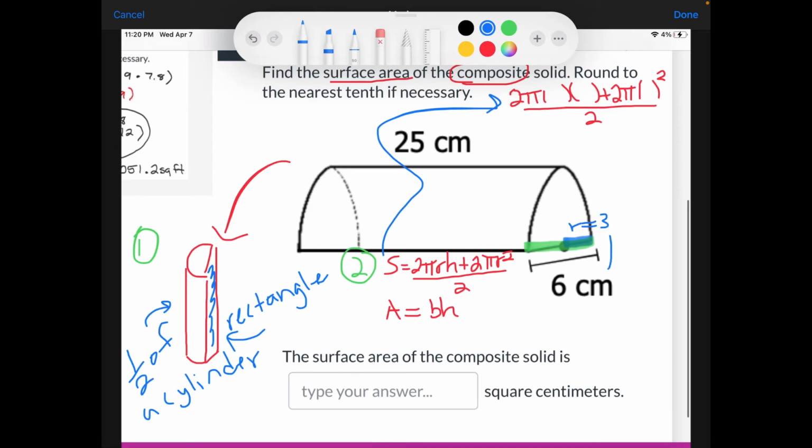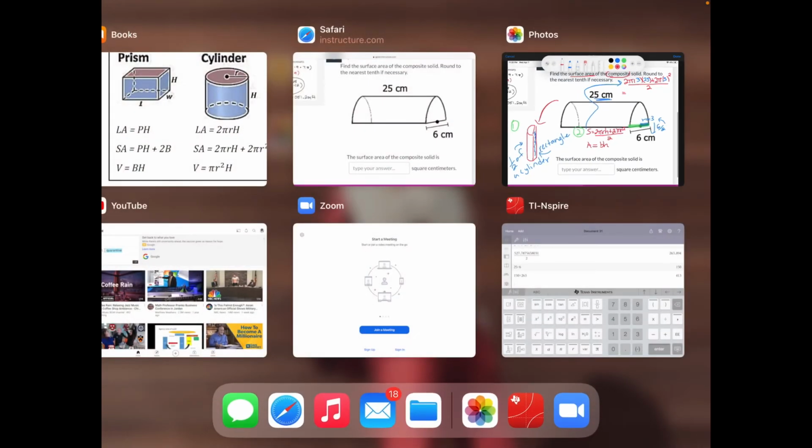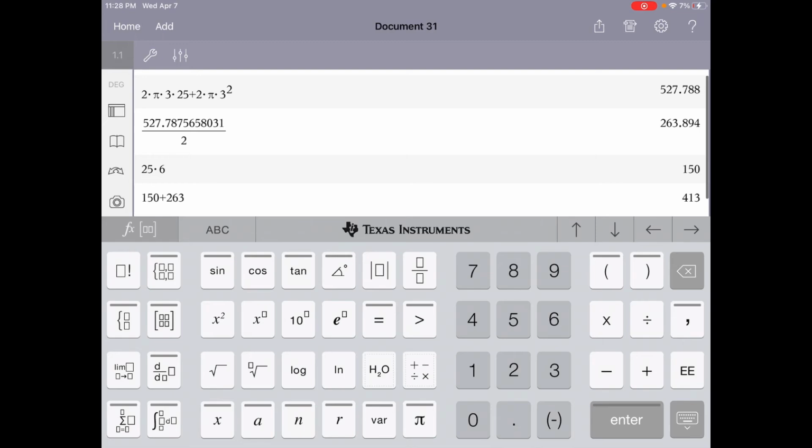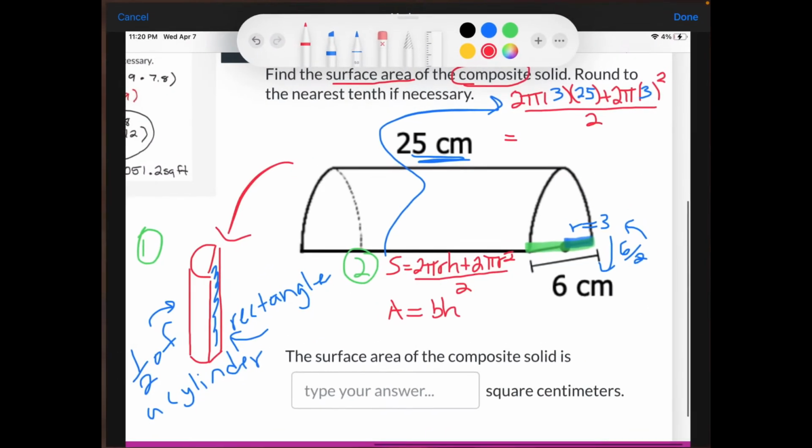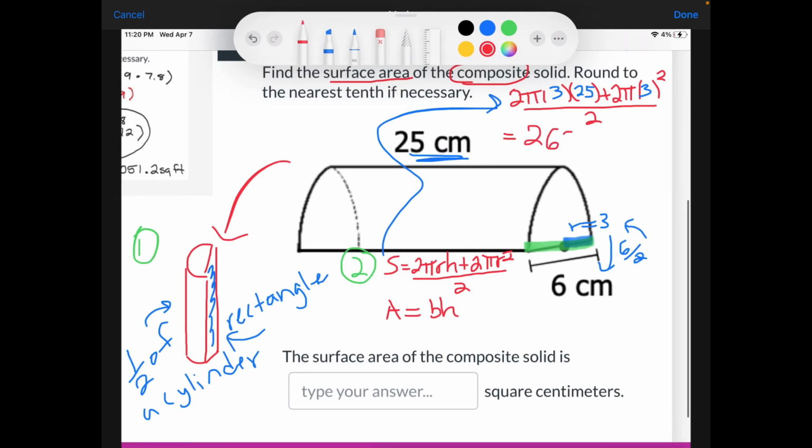How did I get that? I divided 6 by 2 to get that 3. So everywhere there was an r, I'm going to replace it with the 3. So the radius is 3, and your height is 25. You're going to put all of that into a calculator, and you're going to get 263.894. But we're not done.